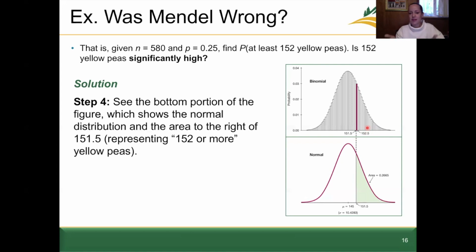Once we've established that range, we decide on what part of the graph we shade. Here for this example, we're asked about 152 or more yellow peas. That's really asking for the probability of X or more. But now we don't have a single X value, we have a range of values. So we think of that as 151.5 or more.